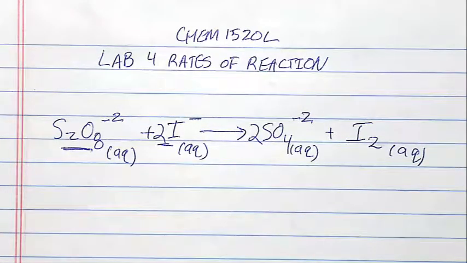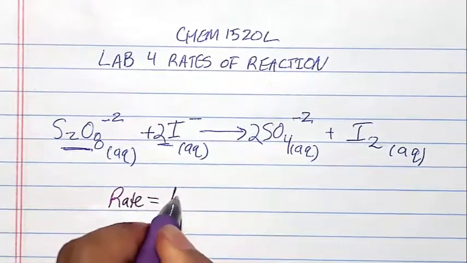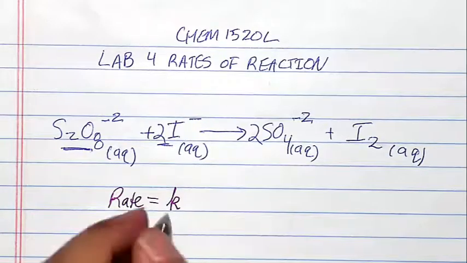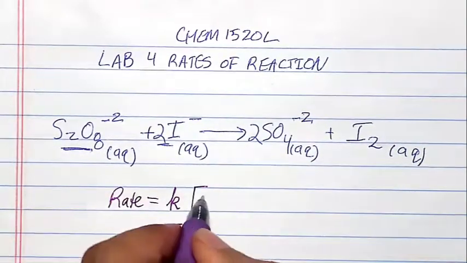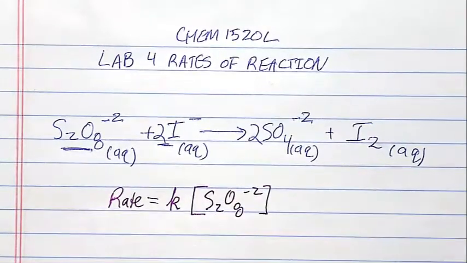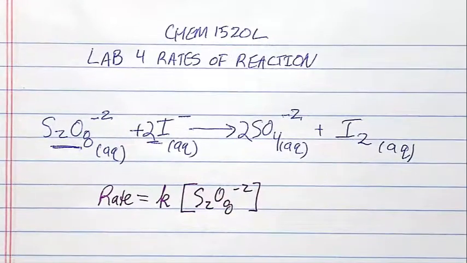So we summarize all of this with the rate law. Rate is equal to the rate constant k, this proportionality constant, times the concentration of S2O8 2-, the persulfate ion, raised to the power of its order, the order of the reaction.